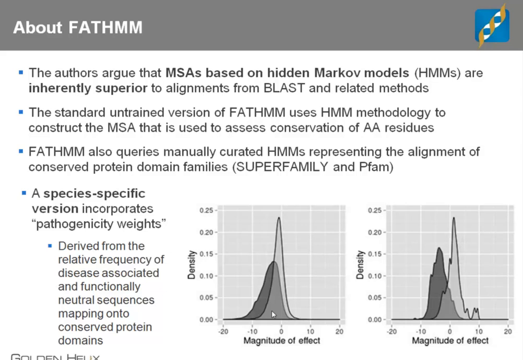And that works out, as we can see here on the left, is a diagram of the effect scores on the unweighted method, and the darker grouping here is the known damaging set of mutations. They generally have lower scores, but there's not a really clean separation between the two groups. While over to the right, this is based on the weighted method. Here the separation is quite a bit cleaner, and they're able to get a very nice prediction on the functional versus non-functional mutations.